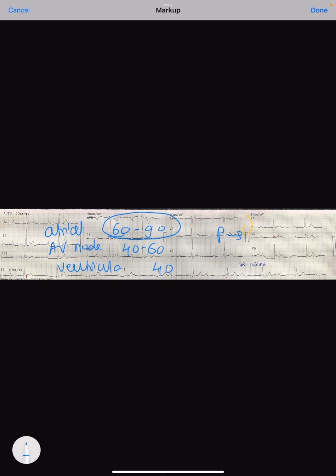All P waves get connected to the ventricles and they get QRS, so the heart rate remains between 60 and 90. When the atria fail, the AV node can pace the ventricle at the rate of 40 to 60. When the AV node also fails, we don't have any choice other than to originate a new rhythm at a rate of minimum 40, that is the ventricular rhythm. That is the complete heart block rhythm.